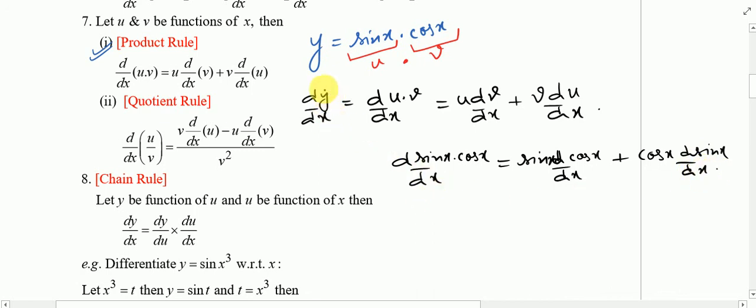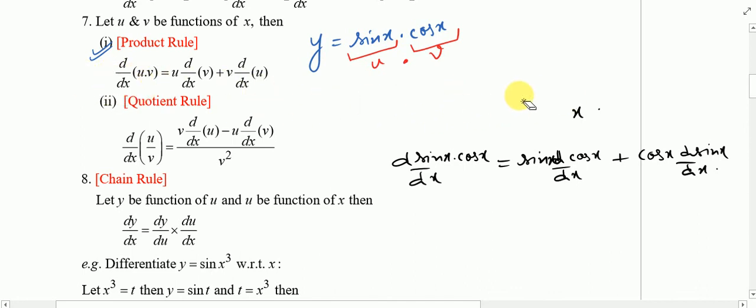So this is called the product rule. If you have two functions u and v multiplied to each other and you are differentiating them, then you have to differentiate using this formula. Clear?